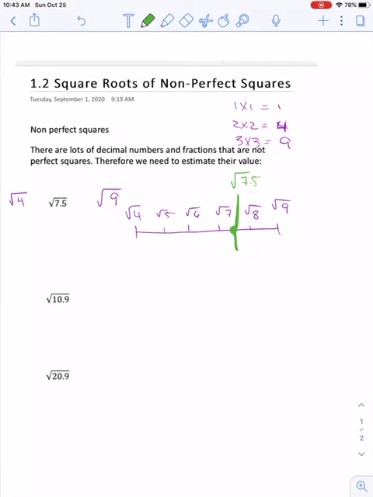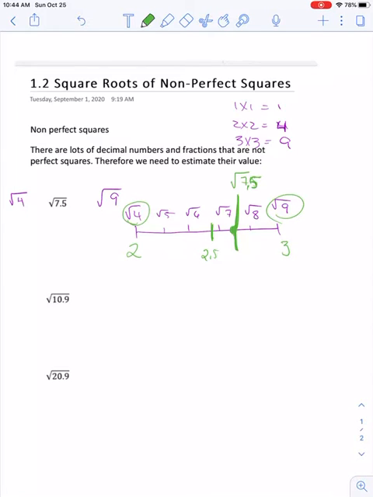So now we're going to go at the bottom of our number line, and I know that the square root of 4 is 2, and I know that the square root of 9 is 3. So if I'm estimating the value of the square root of 7.5, I know that it's going to be somewhere in between 2 and 3. I'm going to give myself a little bit more benchmarks here. I know that right in the middle, that would be 2.5.